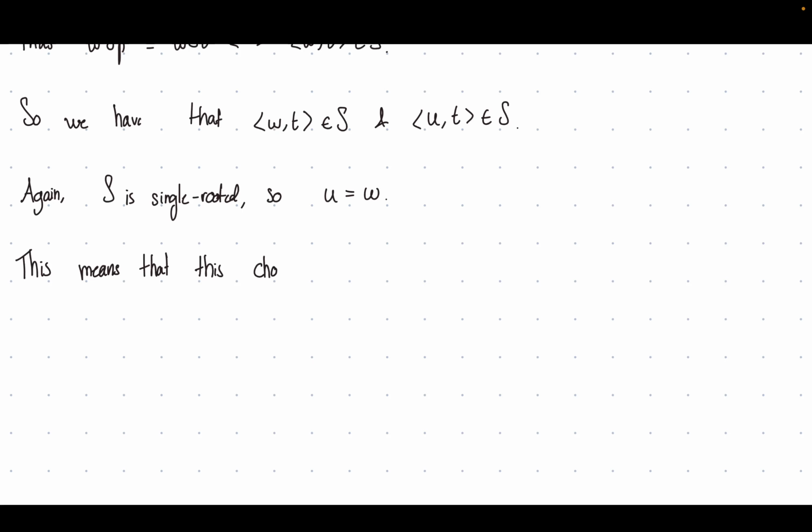Anywho, this means that this choice of U in the domain of R composed S must be unique for this value of V in the range of R composed S. Almost ran out of space there, right?